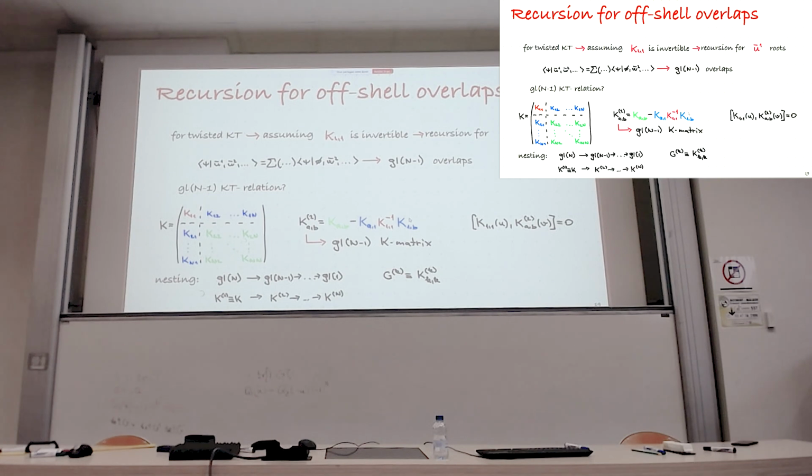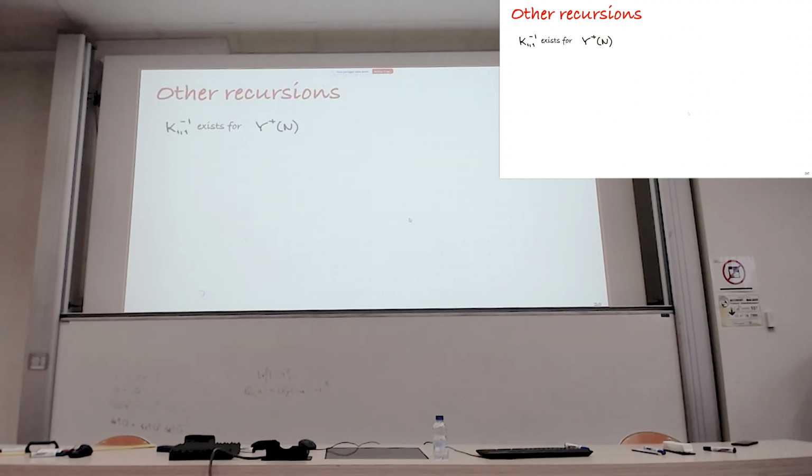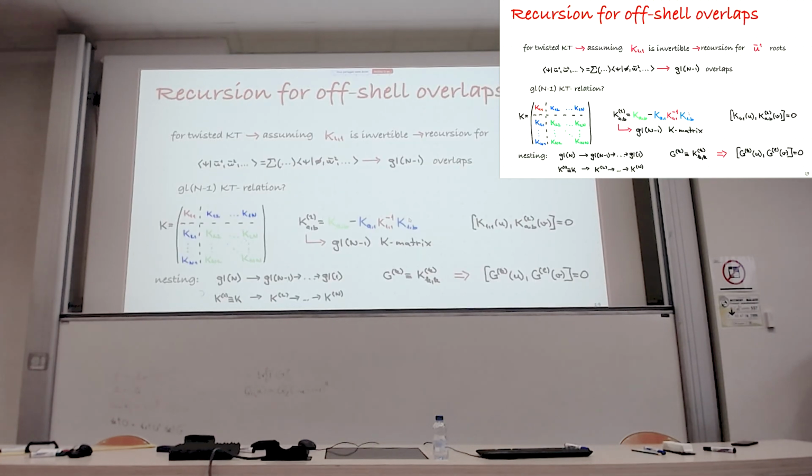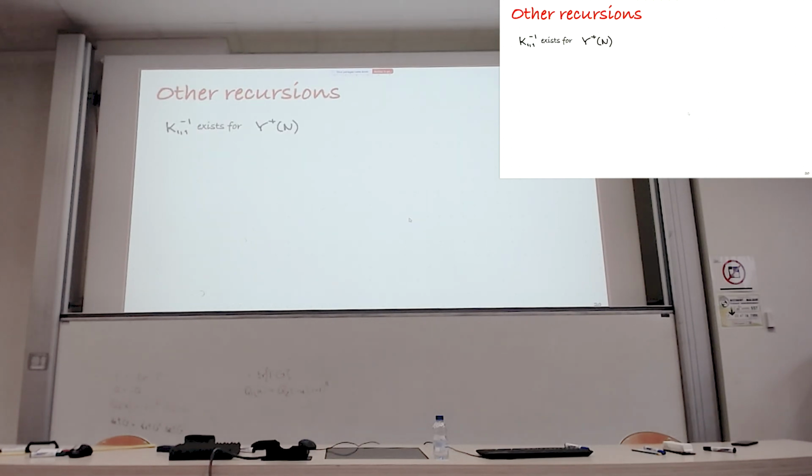And because this element commutes with the higher level K matrices, these G operators commute. So this is a Cartan subalgebra of the twisted Yangian. And the only condition for this method is the assumption that this K11 is invertible. And it turns out for this Y plus algebra, this inverse exists. But for the other twisted Yangian, it doesn't exist.